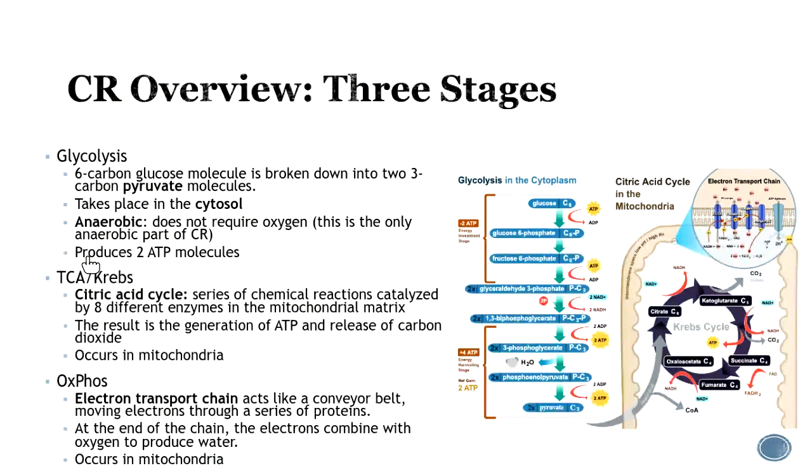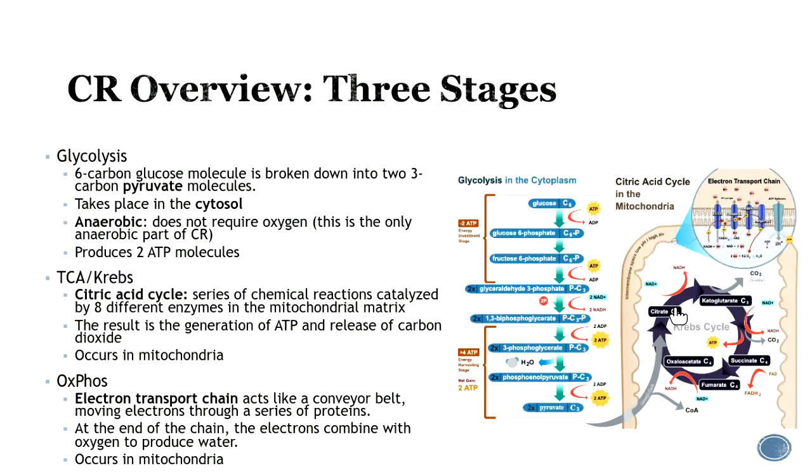Now what's going to happen next is you're going to take this pyruvate that we made, and we're going to feed it into what's called the TCA, or the citric acid cycle, or the Krebs cycle. Just like it says in the name, this is a cycle where we're going to take these carbon molecules and feed them into the cycle.